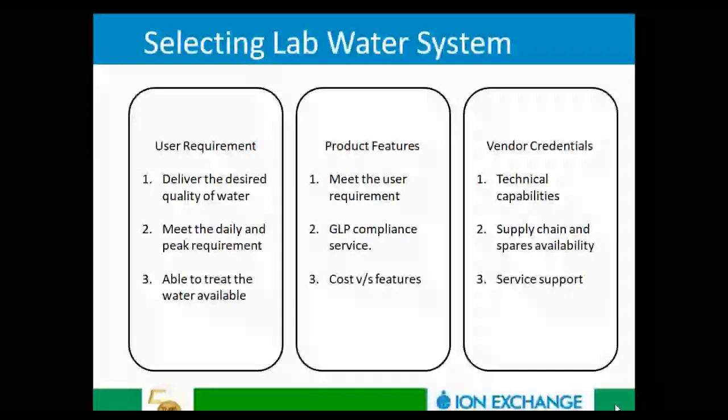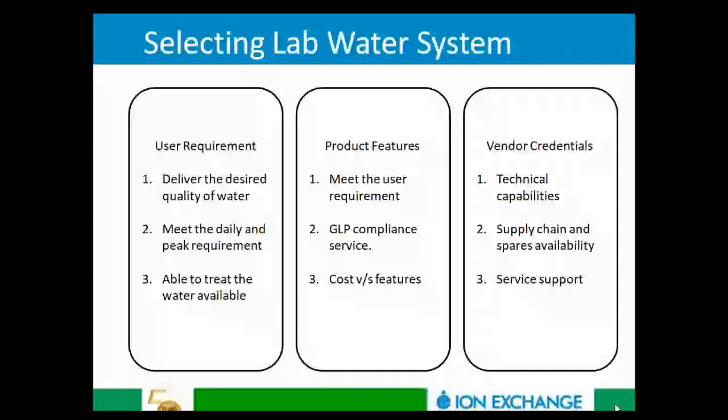Then it comes to the product features. The first and foremost requirement is that it has to meet the user requirement. That is, it has to deliver 18.2 megohm. It has to have variable flow rates that could meet the user requirement, and it should be able to give a comprehensive purification chain or a pre-treatment that could treat the feed water quality available at the customer place.